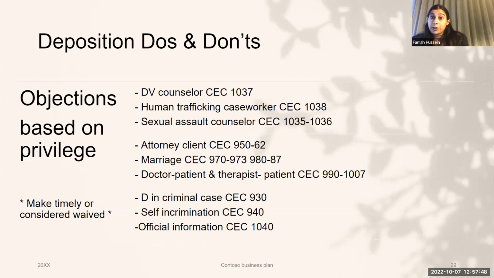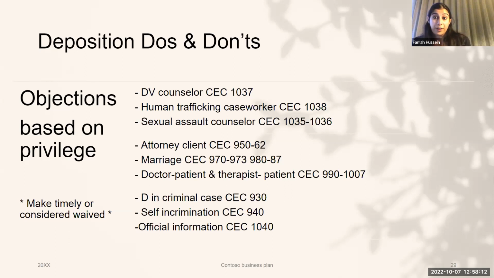So Brittany talked to us a little bit about privileges, and you can instruct not to answer on the basis of privileges. And in California, we have quite a few. A lot of them are going to be the ones you think. So sexual assault counselor, human trafficking caseworker, DV, all the ones we learned about in law school: attorney-client, marriage, doctor-patient.